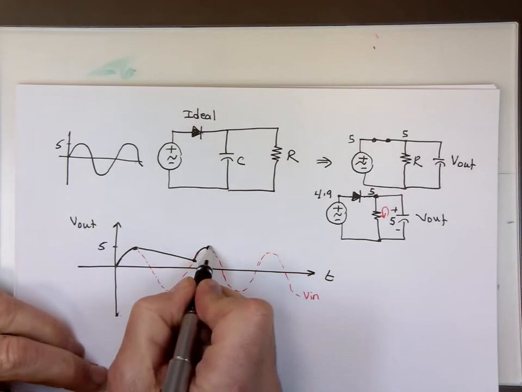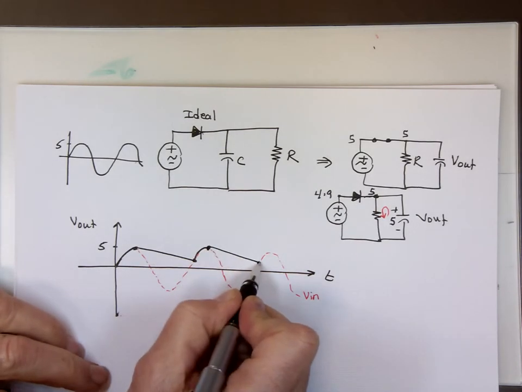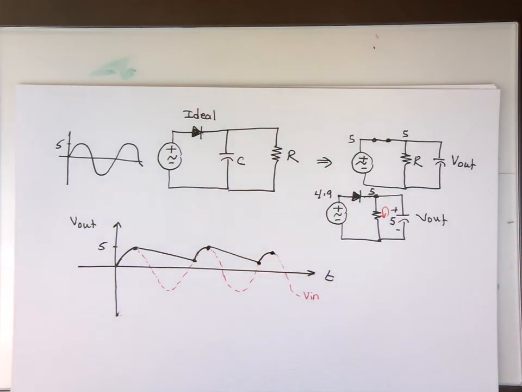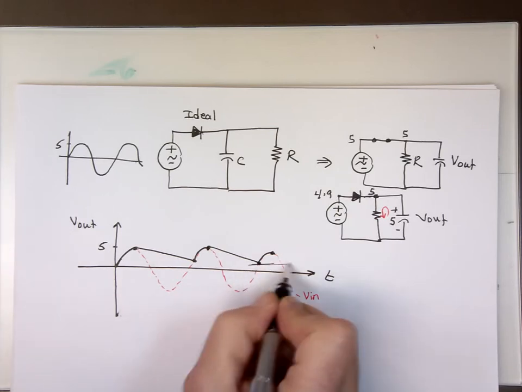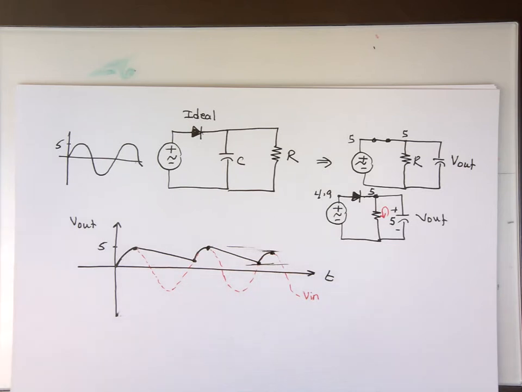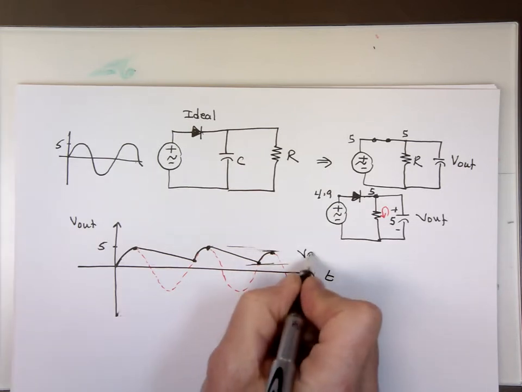Then it will drop down. Then we'll charge again. So notice what happened to our V out now. It has a ripple in it. And the question is, can we figure out what that ripple voltage is? What the range of value, by how much is it changing? We call that VR, ripple voltage.